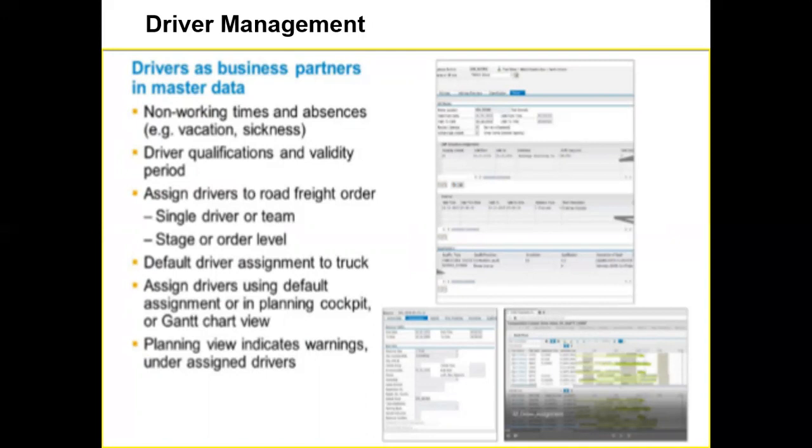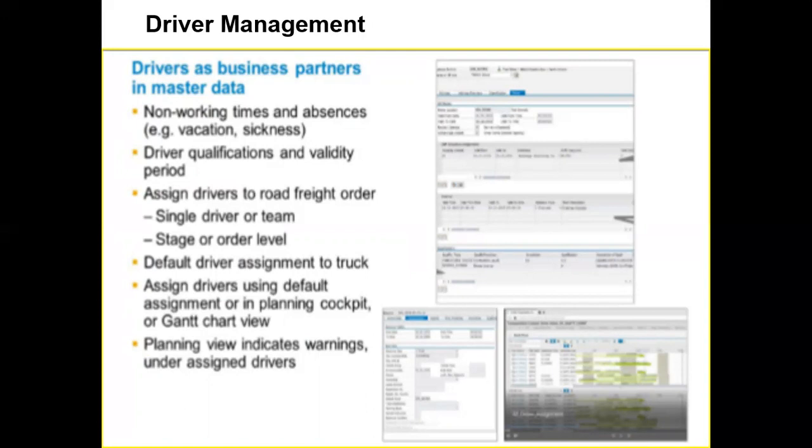Sometimes we do this in the default assignments, or in the transportation planning cockpit, or the Gantt chart view. So we have three places: the default assignment, the transportation cockpit, and the Gantt chart. In all these places we have visibility of the drivers assigned to a particular vehicle.